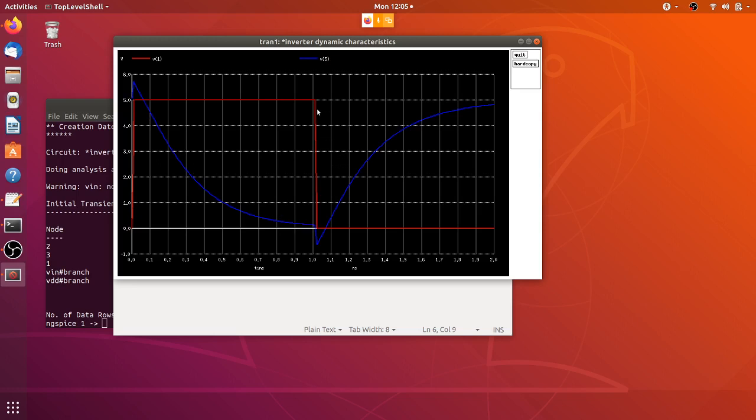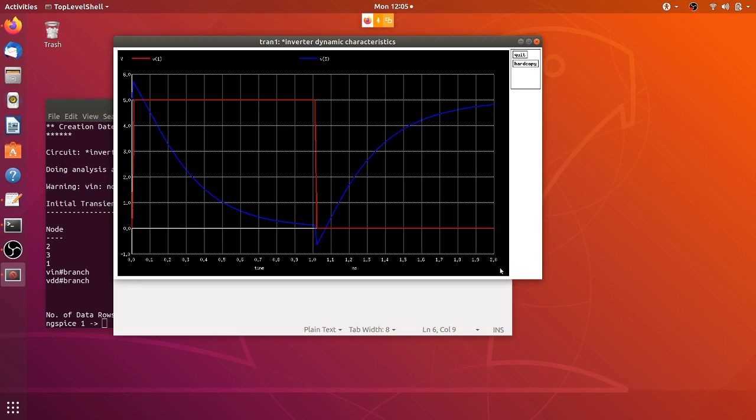Now when the input goes from high to low, here you can see that the capacitor is almost discharged to 0 volt, but the output should now be charged to the high state, because for low state input you should have high state output, and it takes almost again 1 nanosecond time.